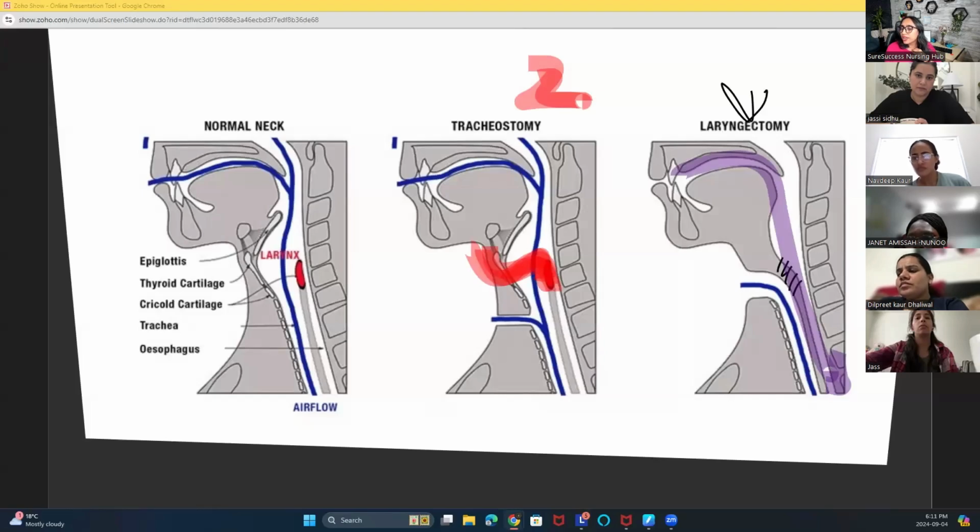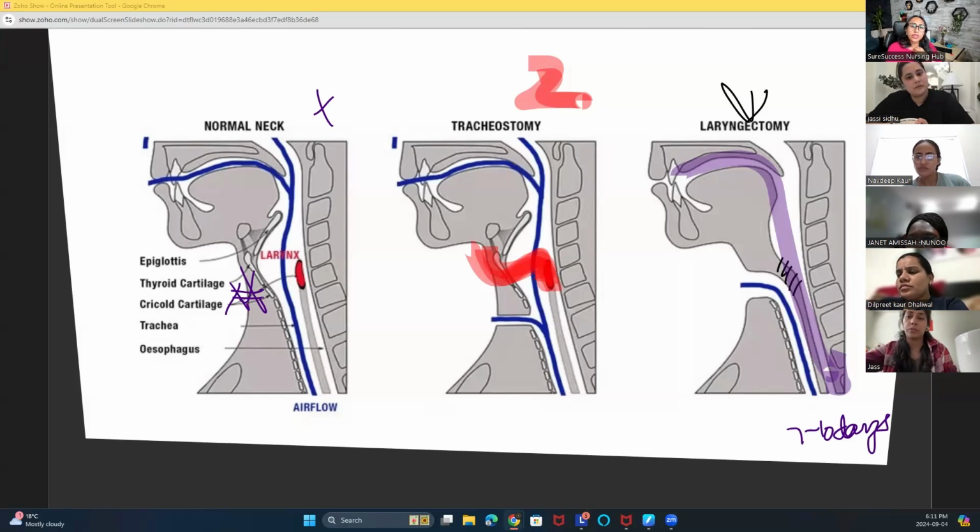We will insert the NG tube for 7 to 10 days. It is not necessary in tracheostomy. Sometimes we do, sometimes we don't. It is the surgery of your neck. But in laryngectomy we do need it.